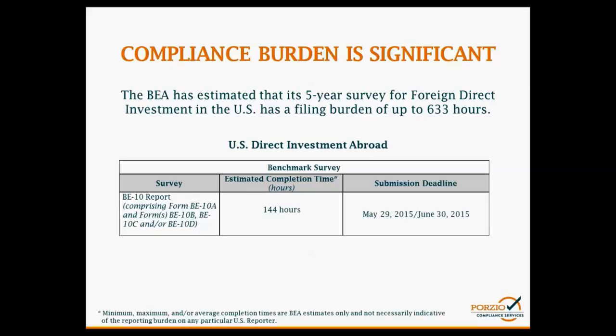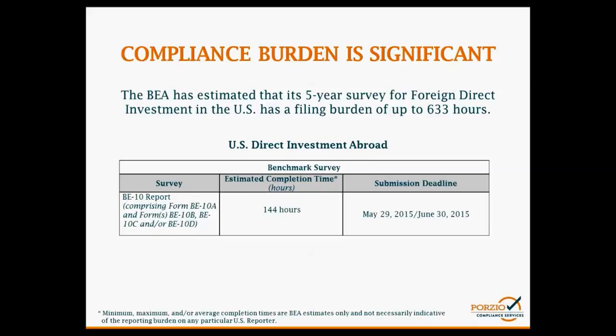And then down on the bottom part here, we've noted the BE 605. That's the quarterly report. Again, that's only required if you're contacted by the BEA, but it has no monetary threshold.